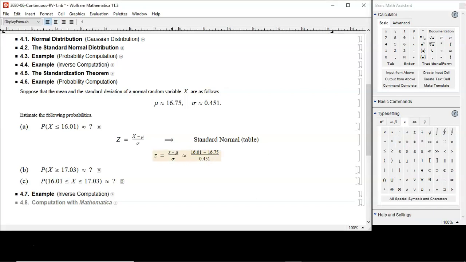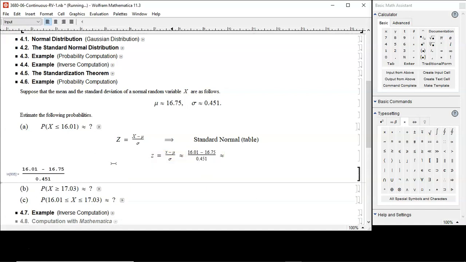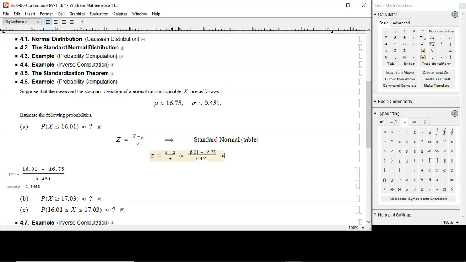As for this computation, I have a calculator with me, so let me just copy and paste and calculate it. I'm getting negative 1.6408. I'm looking up the normal table, so I'm going to need only the first two decimal digits.